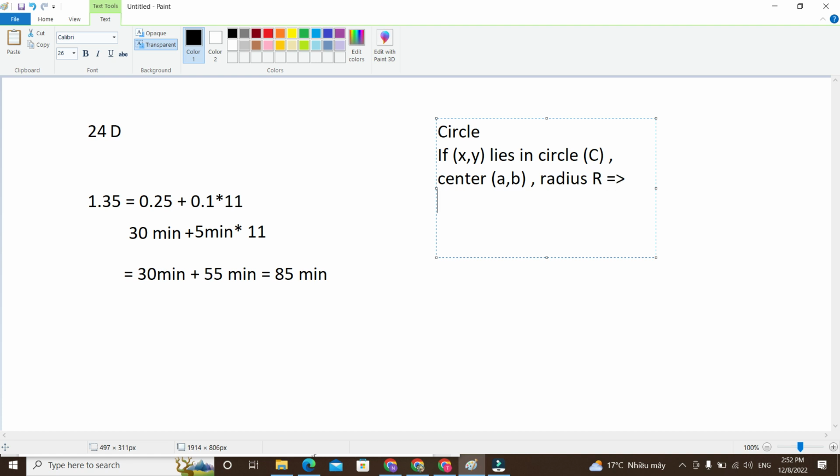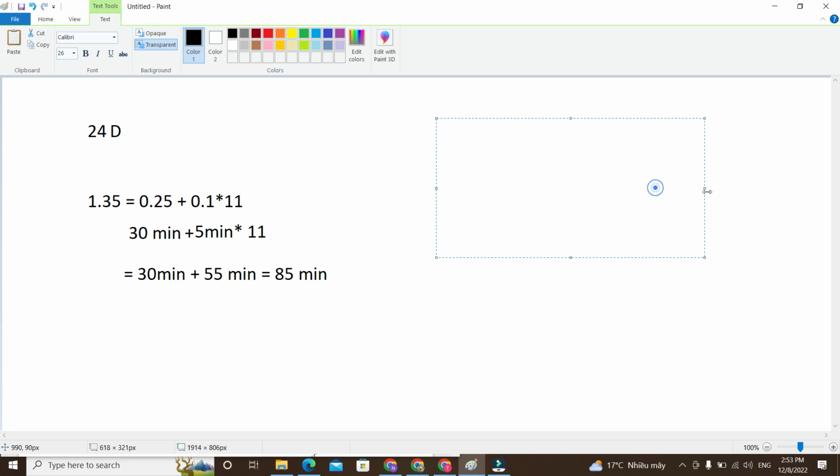Which is (x minus a) squared plus (y minus b) squared is equal to r squared. Okay, so that is for a circle.